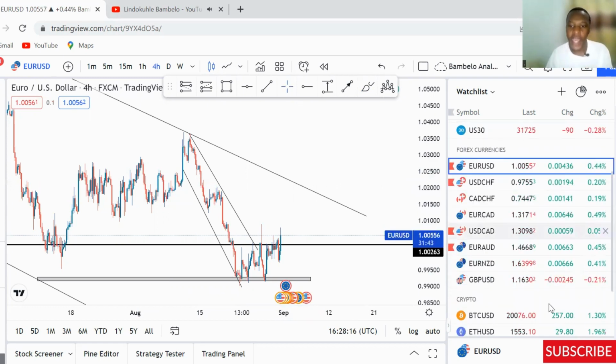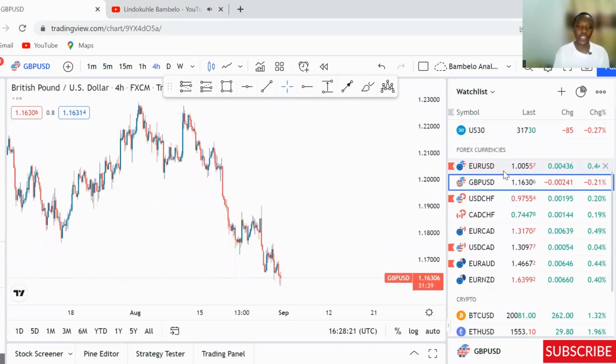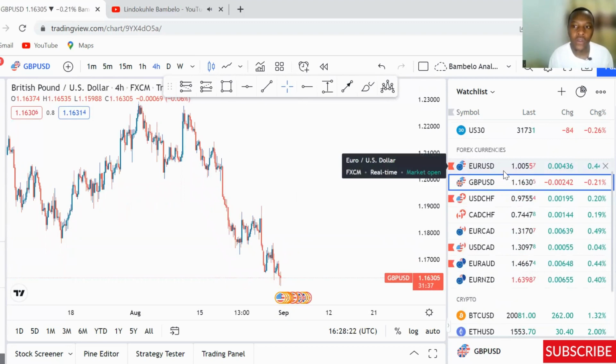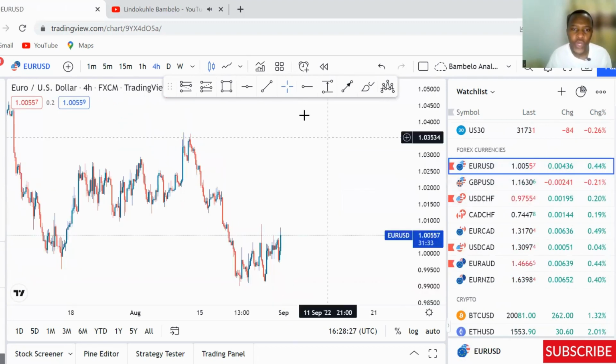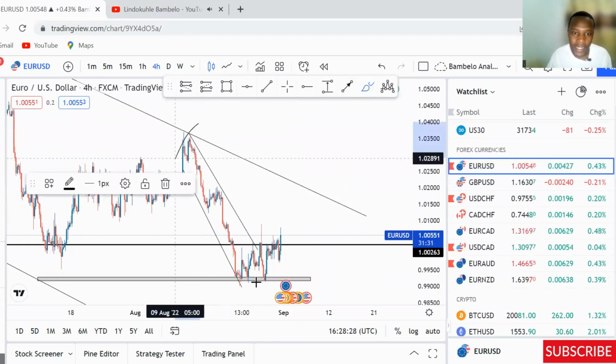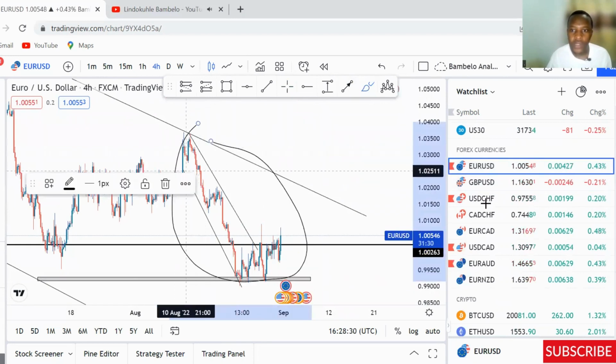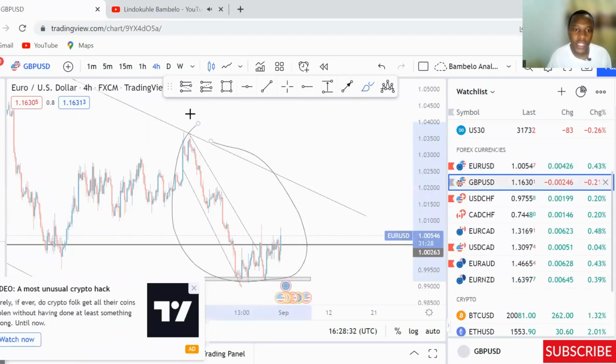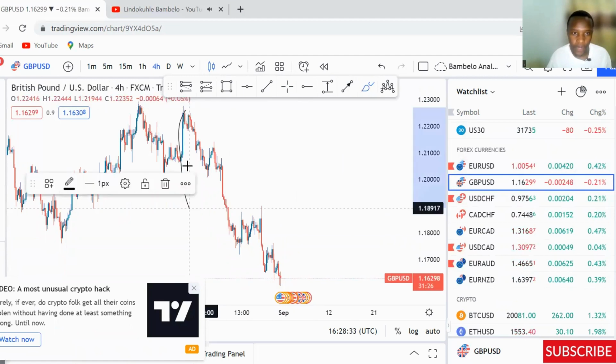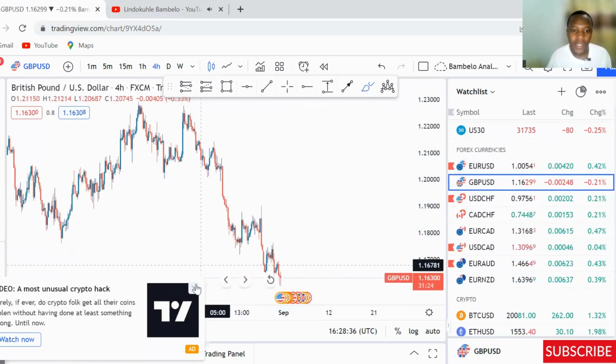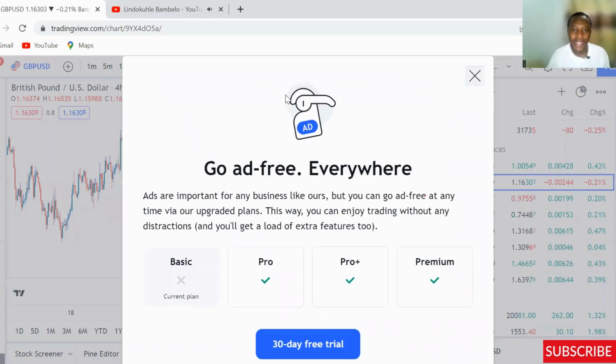But let's move ahead now to GBP USD, right? GBP USD and Euro USD are some of the most correlated pairs, because when Euro USD is selling, GBP USD also tends to sell, right? But there is something that I call leading and lagging.